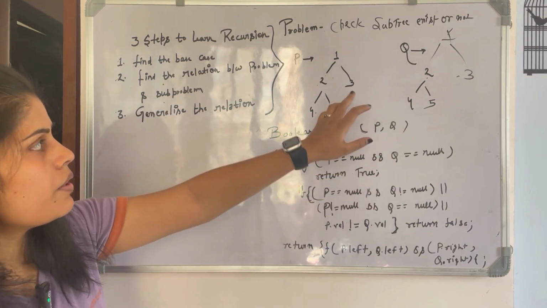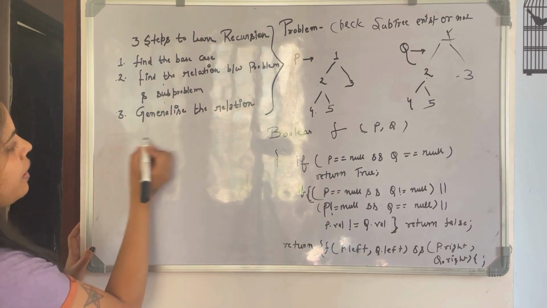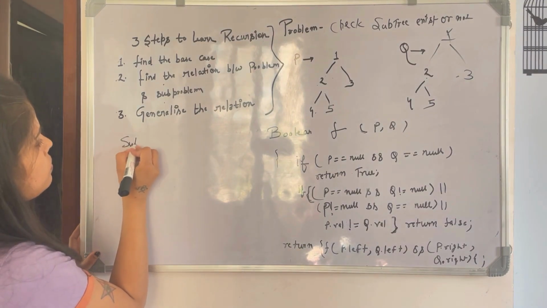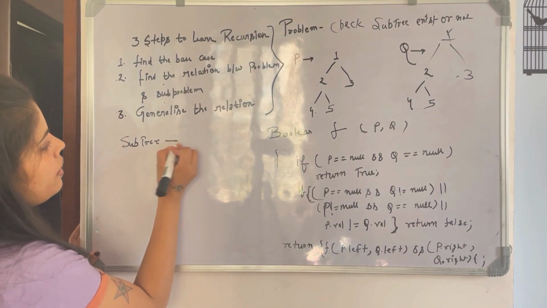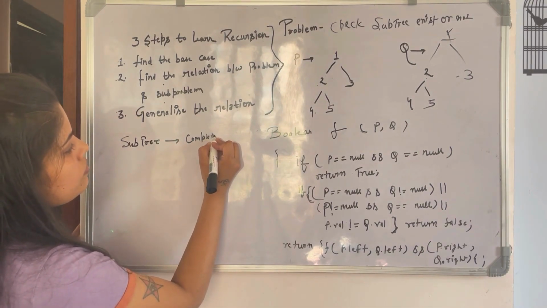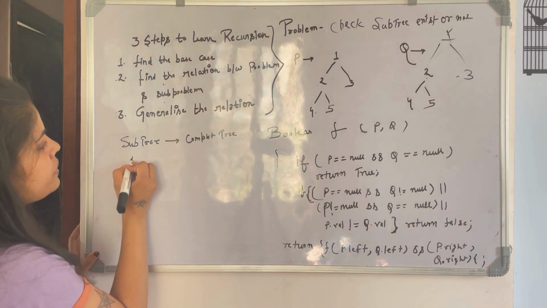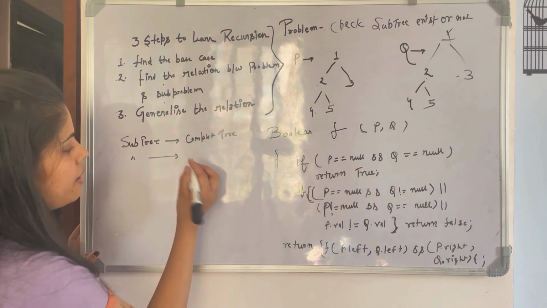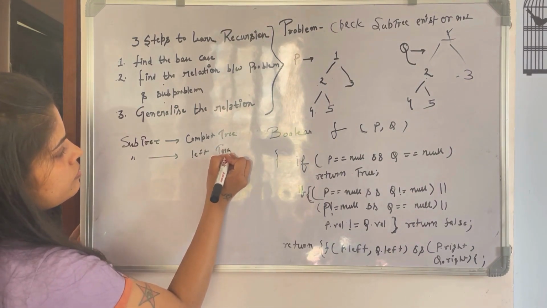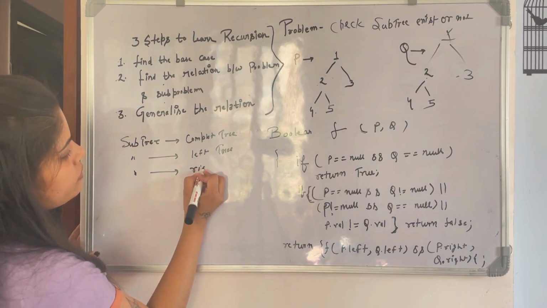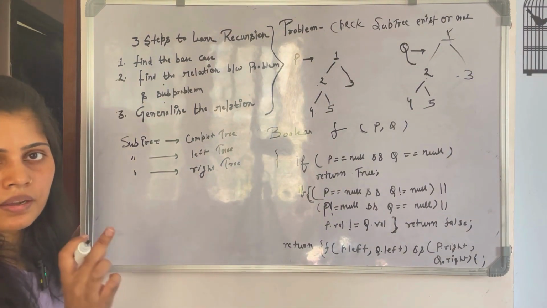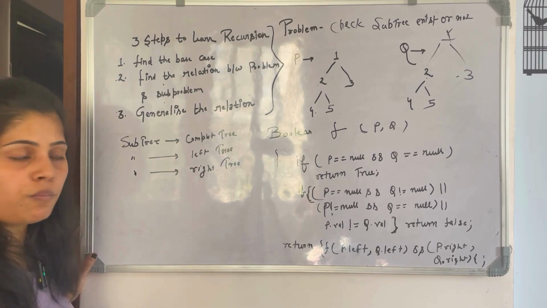So in the same way there are three conditions for a subtree: the subtree can be the complete tree, or the subtree can be in the left side, so we have to check the left tree, or the subtree can be in the right tree. Okay guys, so these three conditions can be our problem.